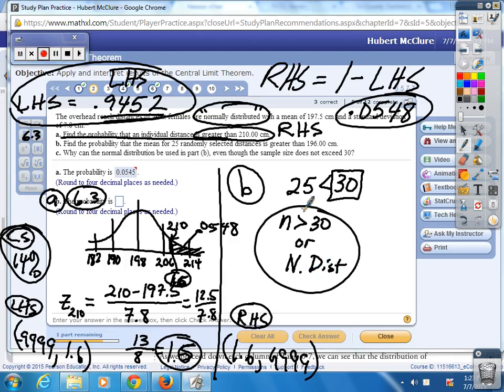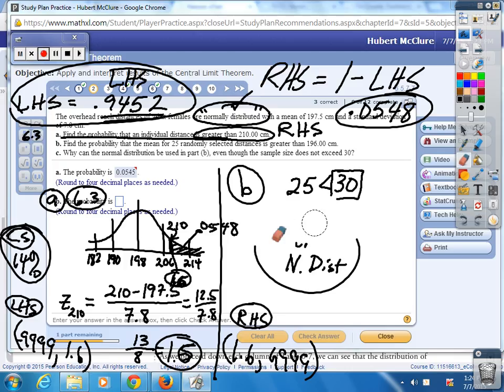This one is less than 30, but what trumps that? Normally distributed. If normally distributed had not been there, you'd have to put in B cannot be done, because 25 is less than 30. 30 is kind of the magic number in this problem. I just wanted to throw that in there because that's what C is about.